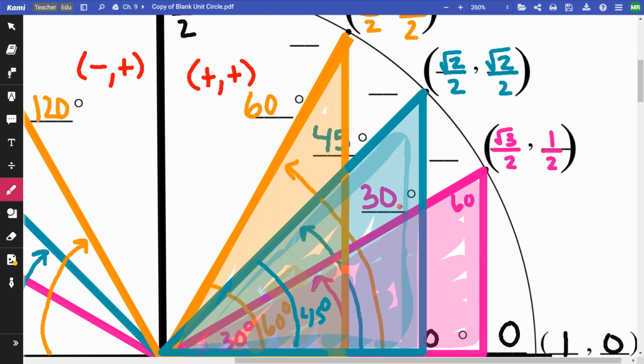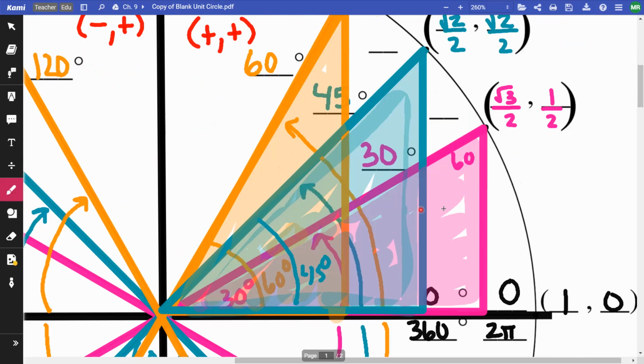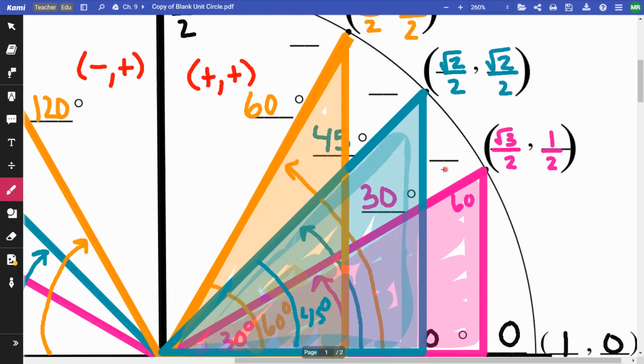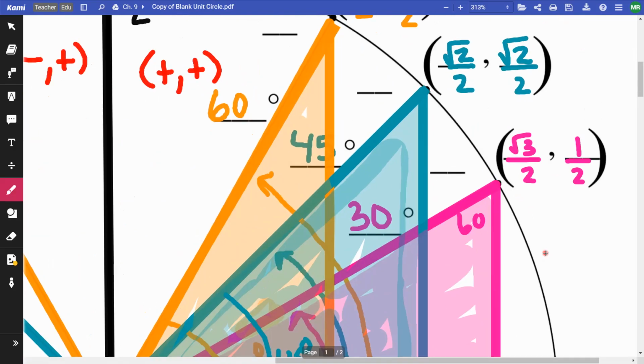This 30 degrees, okay, this is it right here. So 30 degrees, and this is it. 45 with this, 60 with this. This 30 degrees, if 30 degrees is 1/6 of 180, it's also 1/6 of pi. So this is going to be pi over 6.